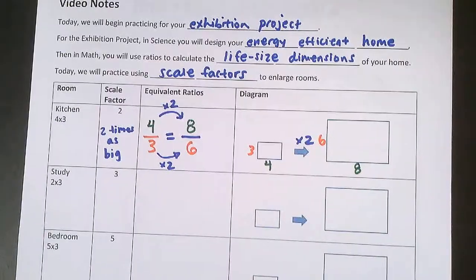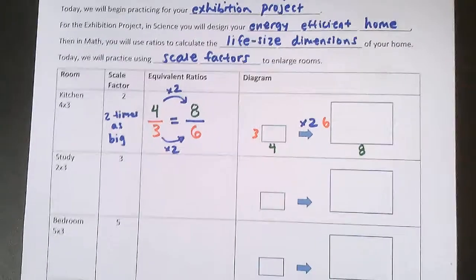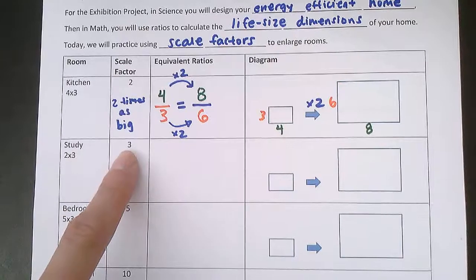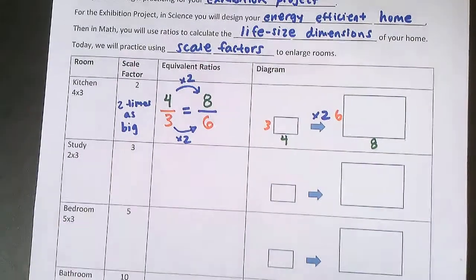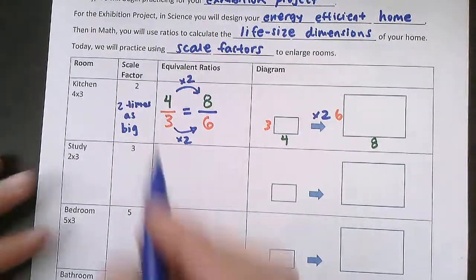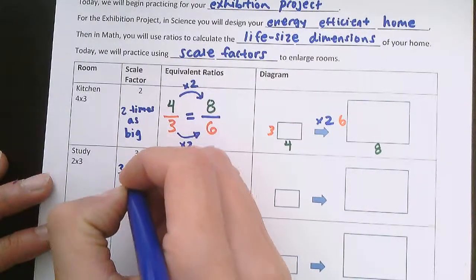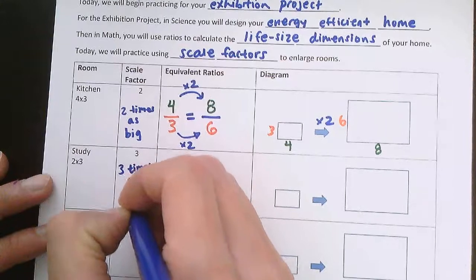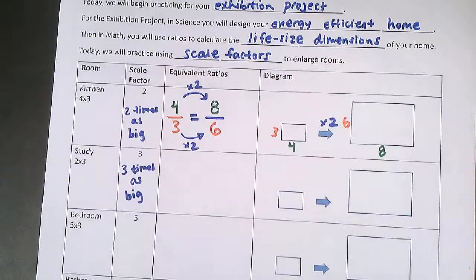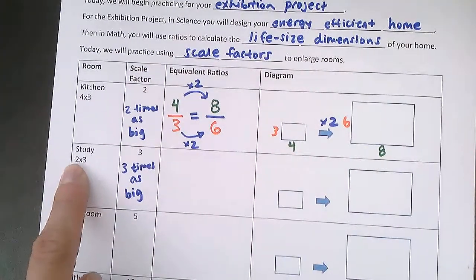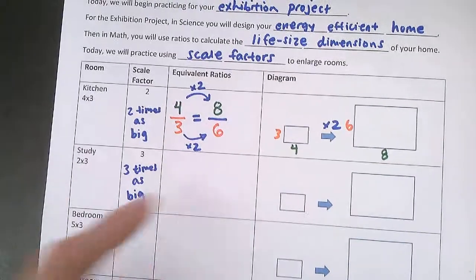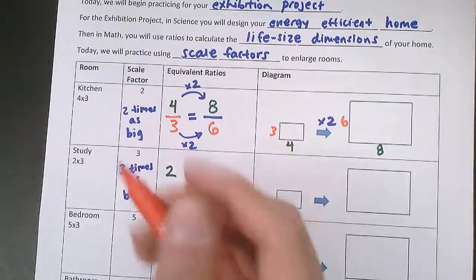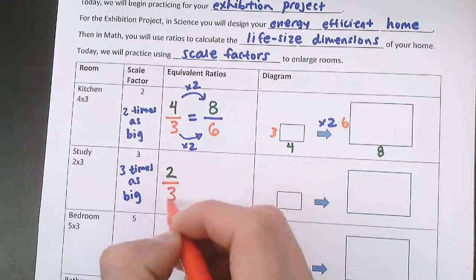All right, let's try another one together. The study is 2 by 3, and our scale factor is 3. A scale factor of 3 means we're making it 3 times as big. Let's set up our equivalent ratios. Our original ratio is 2 over 3, 2 to 3.